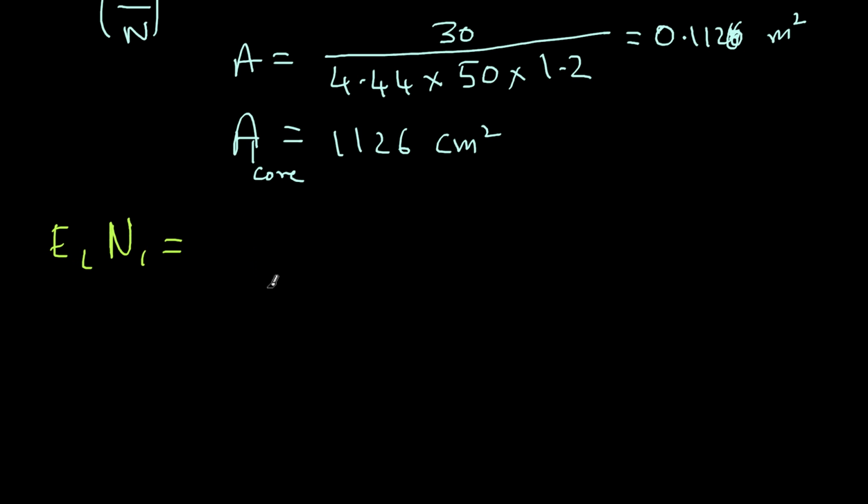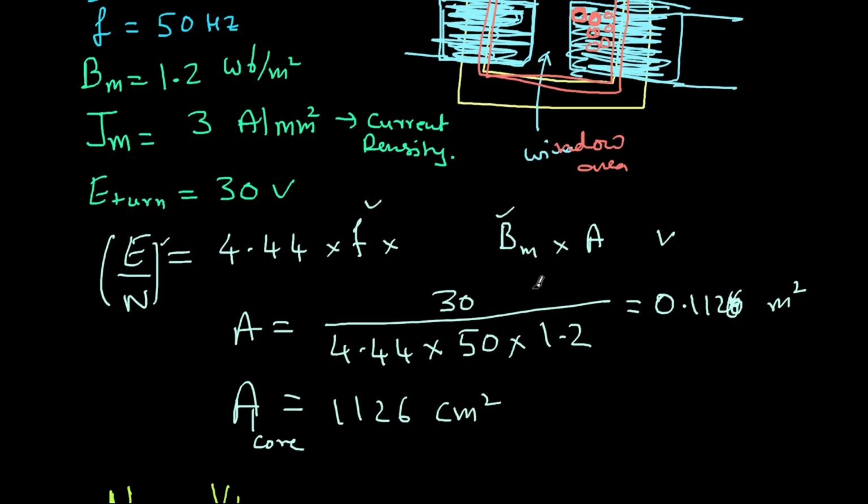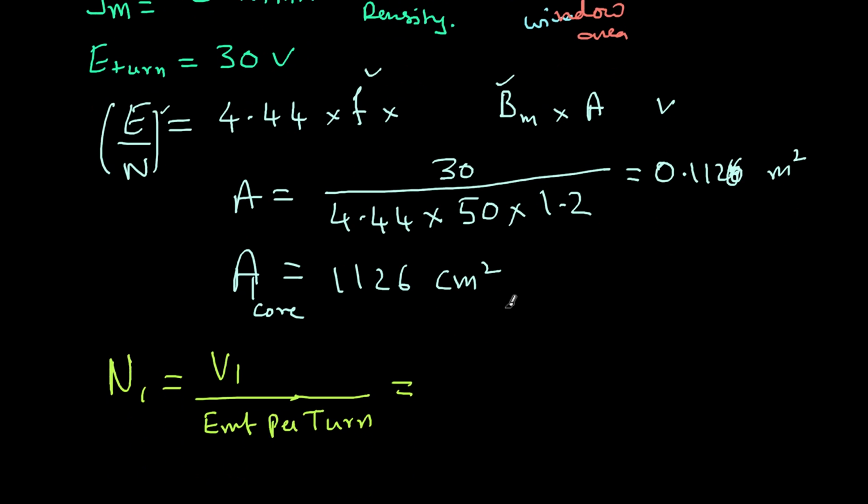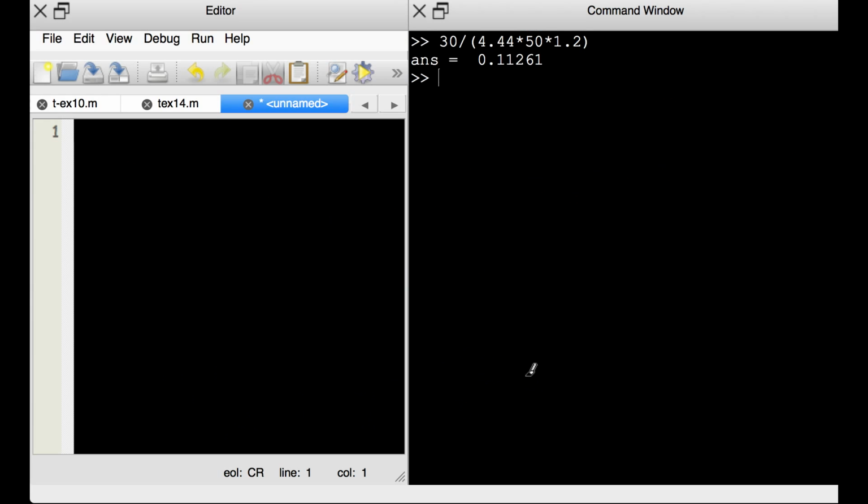Therefore to find that, what we have to do is V1 divided by EMF per turn. So what is the voltage 1? 6600. So 6600 divided by 30. This will give me the number of turns in the primary.